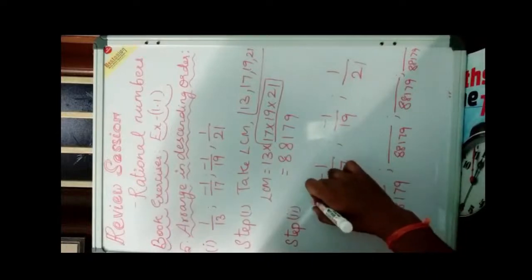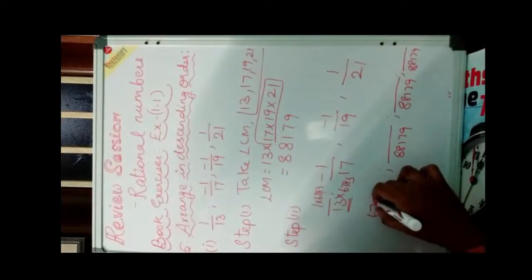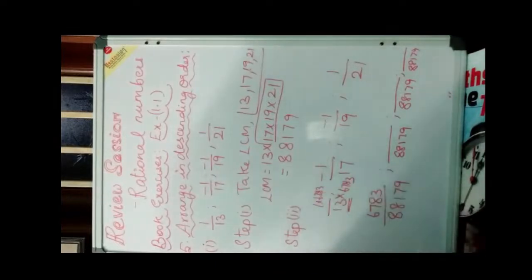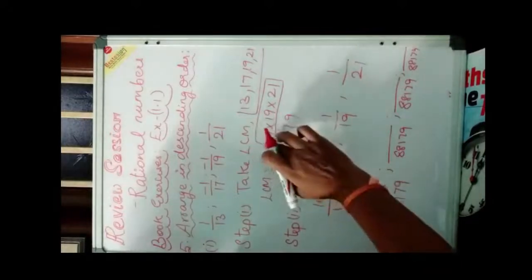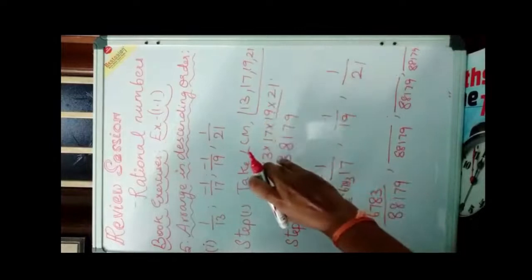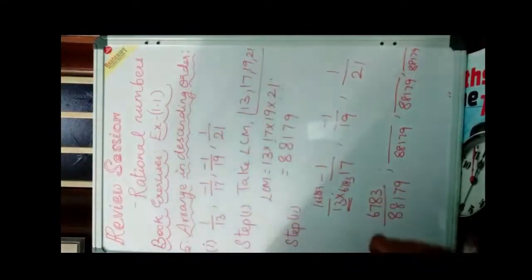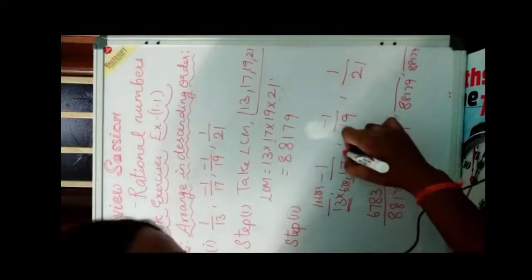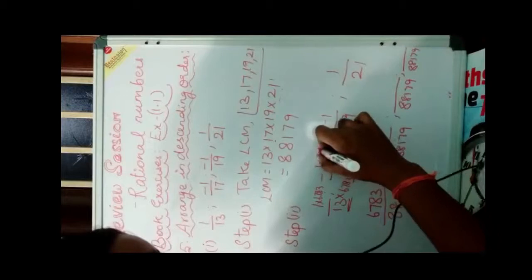So the numerator is 6783. Similarly, if you are going for 17, leave this 17 and multiply the remaining numbers. That is 13 into 19 into 21. So if you multiply all the three numbers, you will get 5187. So multiply the numerator also by same.